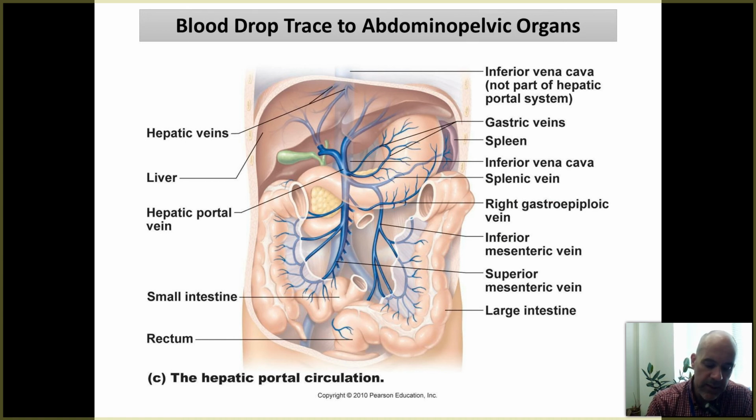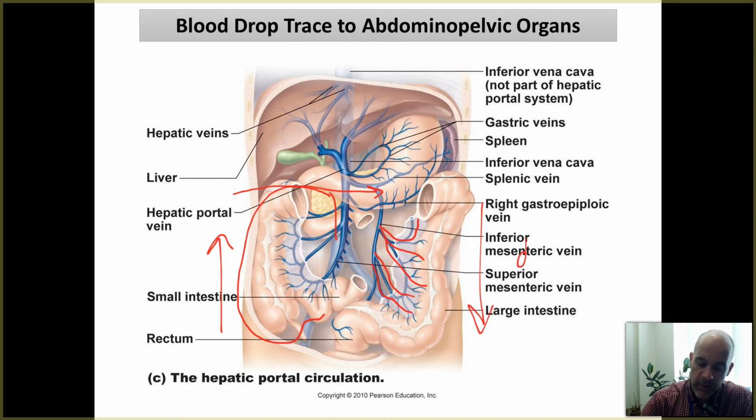But then the superior mesenteric vein also serves over here the first portions of the colon, where you have the ascending colon, if you guys remember that from that first part of Biology 201. And then it's also going to serve portions of the transverse colon, which has been cut off, so we can see the underlying blood vessels. The inferior mesenteric vein over here, if you trace where these veins are coming from, is receiving deoxygenated blood from your descending colon.